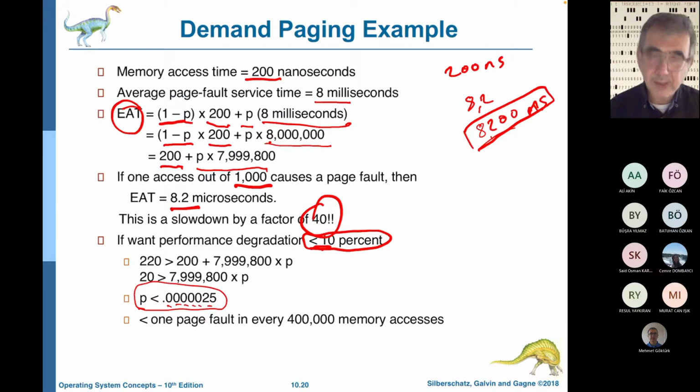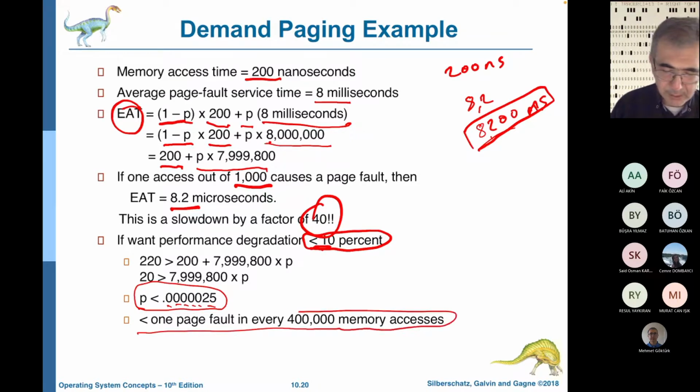So virtual memory requires careful design of the page fault rate. If the page fault rate is high, virtual memory becomes an unusable solution. So that is one page fault in every 400,000 memory accesses.